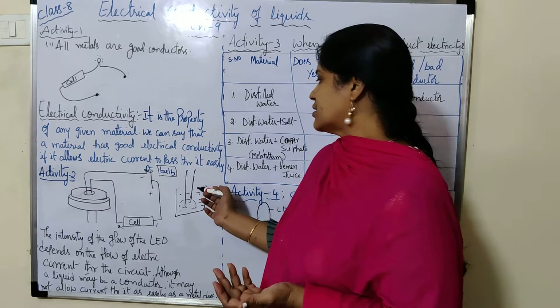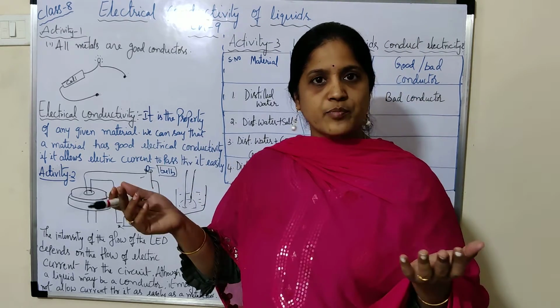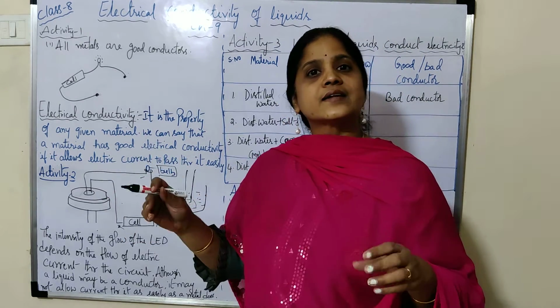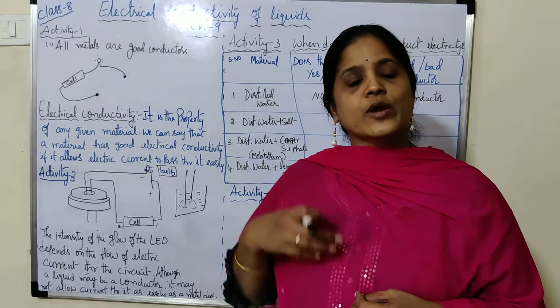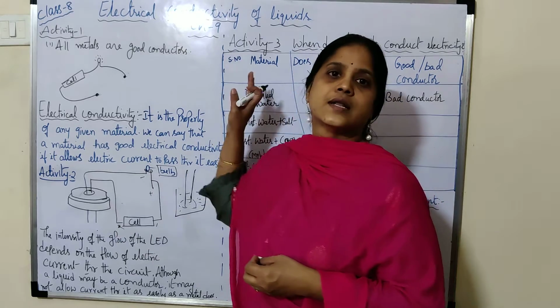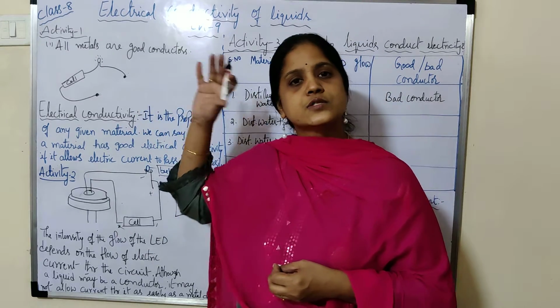When the bulb glows bright, it means that the liquid conducts more current, the liquid allows more amount of current through it, then the bulb glows brightly.